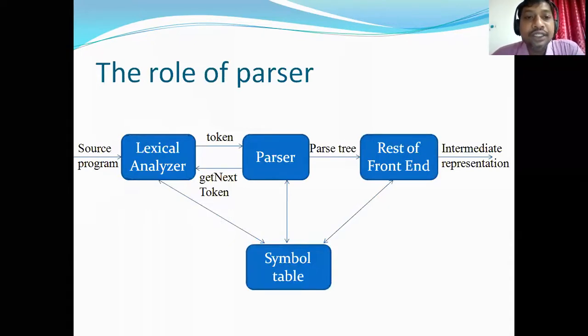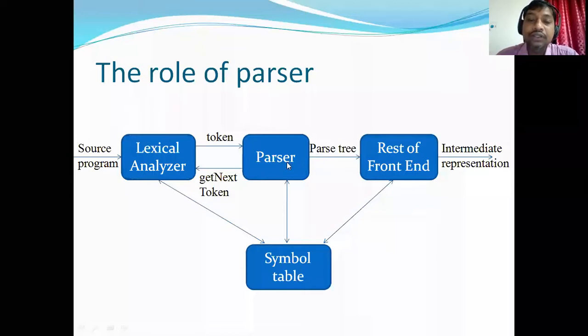So as you can see here, the role of a parser in the compiler design process is, as the name implies, it has to parse the stream of tokens generated by the lexical analyzer. Okay, so you can see here the lexical analyzer gives the input to the parser. Okay, parser will take that input and convert that into something called a parse tree.